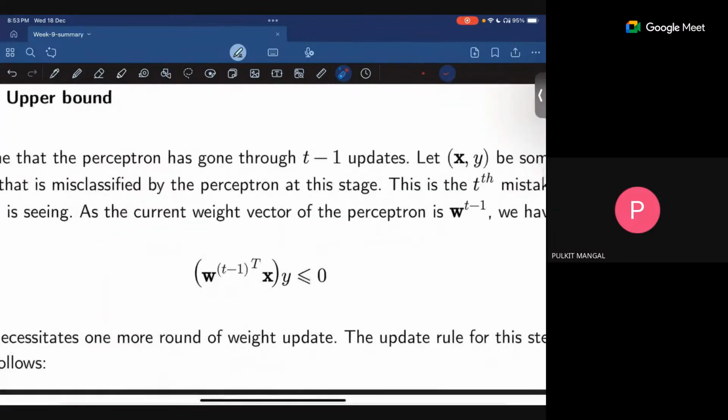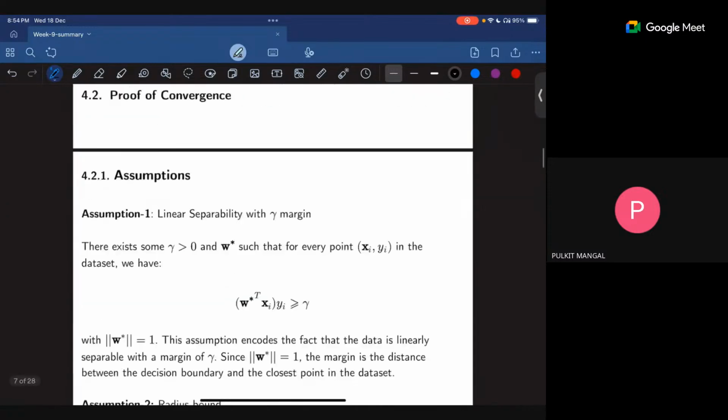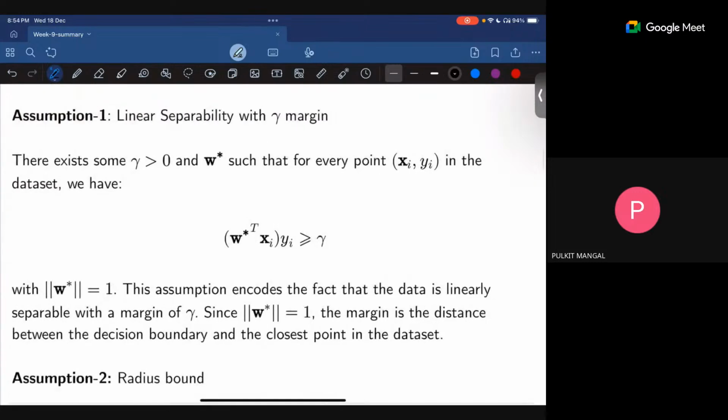You mean here? Yes. Okay. So remember that we are making one assumption that all our data points are linearly separable with some gamma margin. So we can mathematically write it as W transpose Xi times Yi being greater than or equal to gamma. Now, why would this be true?